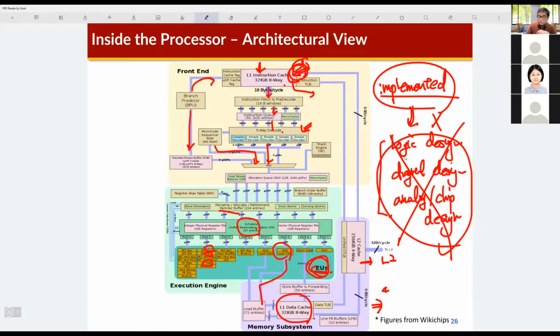Also, the connection between blocks like this arrow. Then we will learn about how to organize these blocks and connections inside of a processor. That is the abstraction level we will learn in this course. I hope everyone understands.